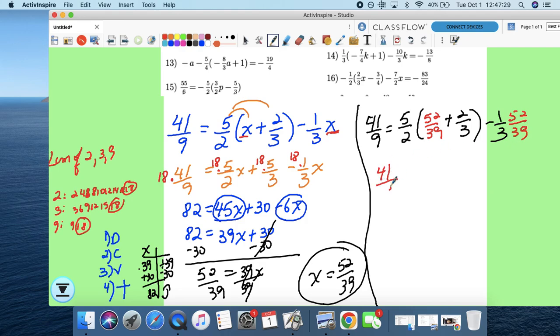So 41 over 9, and I am going to cheat and use a calculator. And then I'm going to put all that, and let's see what I get. So I'll do it in parts. Okay, so this is 5 over 2. And inside, I'll just do it. This is 39. Right? I'm going to pretend I don't have a calculator.